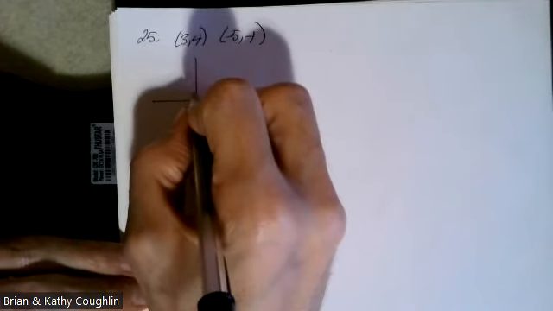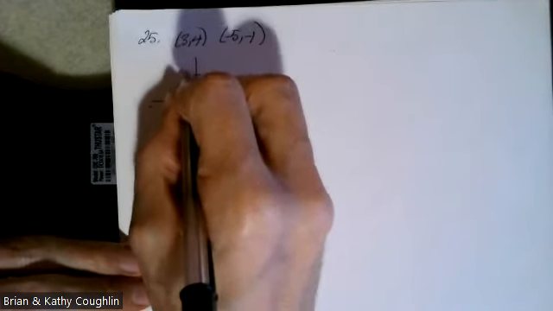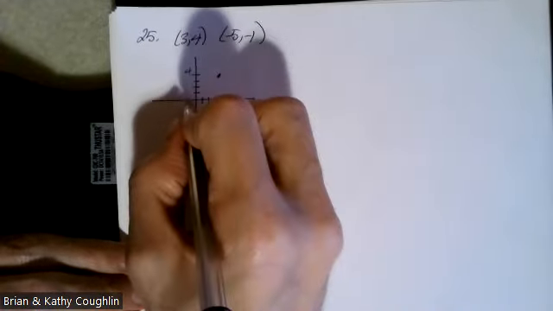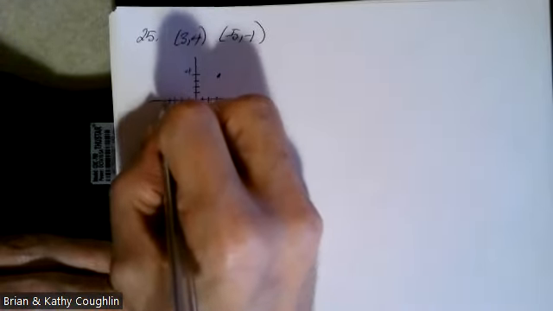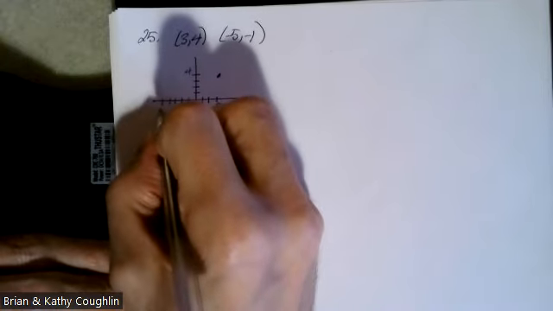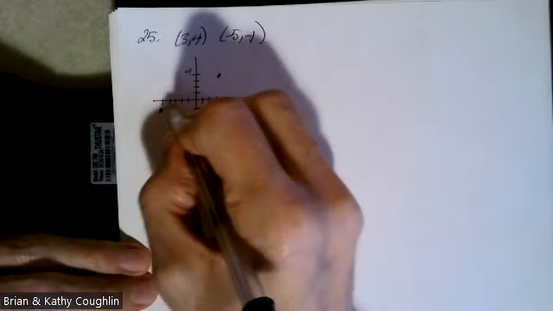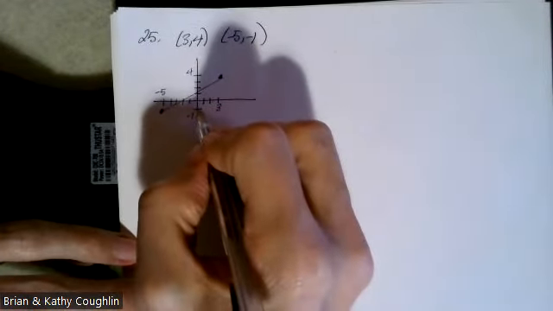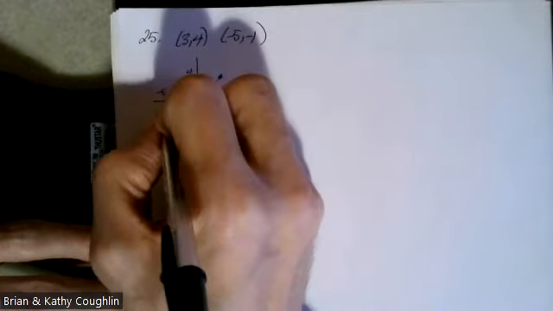1, 2, 3, and then up 4. Okay. And the other one is -5, -1. Got it. So what is the slope? Again, we're finding the slope first. What's the slope from here to here? How far does it rise from -1 to +4?